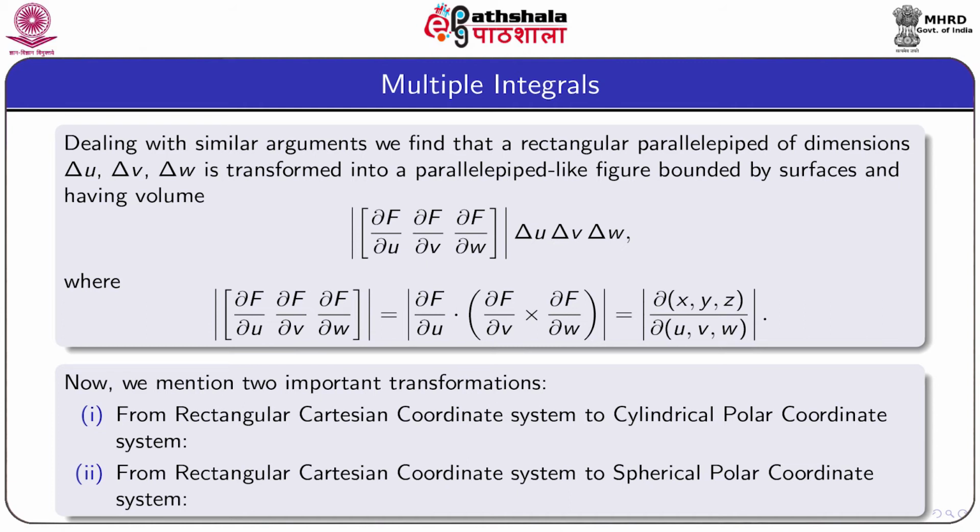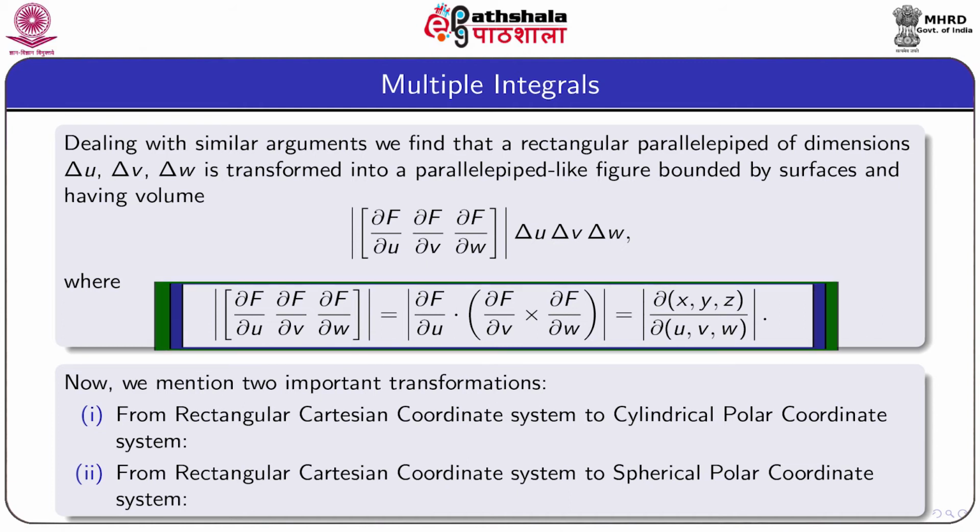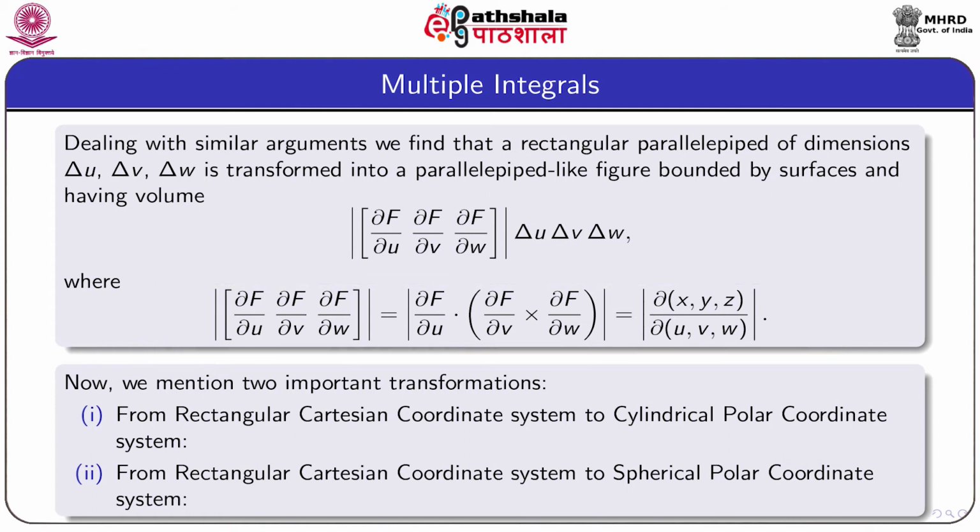where we find that the box product of ∂f/∂u, ∂f/∂v, ∂f/∂w equals ∂f/∂u dot ∂f/∂v cross ∂f/∂w, and it equals the Jacobian determinant ∂(x,y,z)/∂(u,v,w). And while considering the change, we consider the modulus of this quantity.